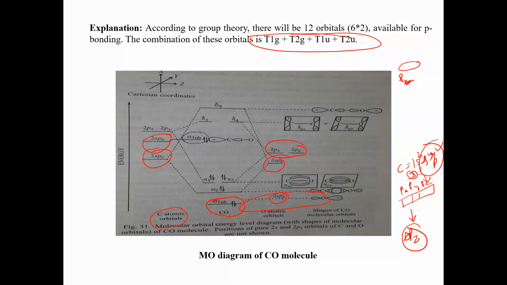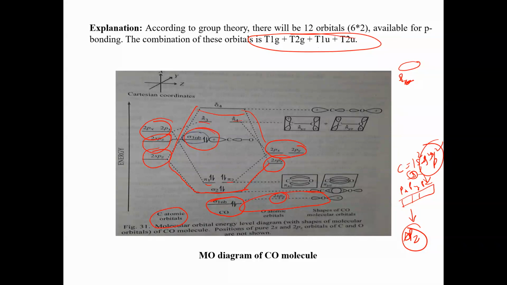You can see one sigma bonding orbital is formed here and the other is anti-bonding. Similarly with px and py, two bonding orbitals and two anti-bonding orbitals are there, but this one is non-bonding.